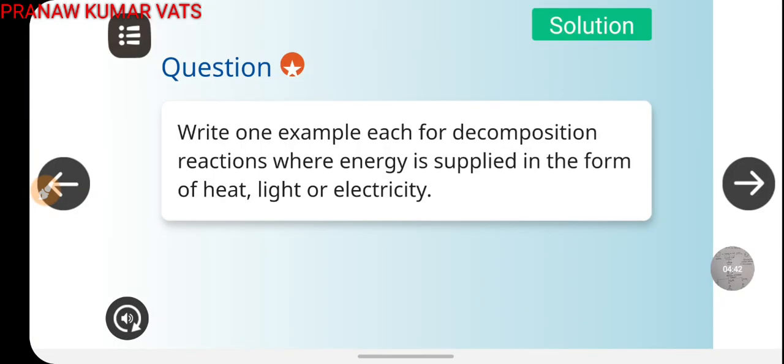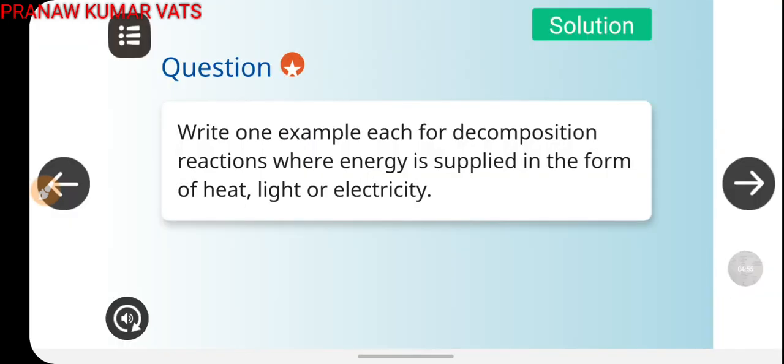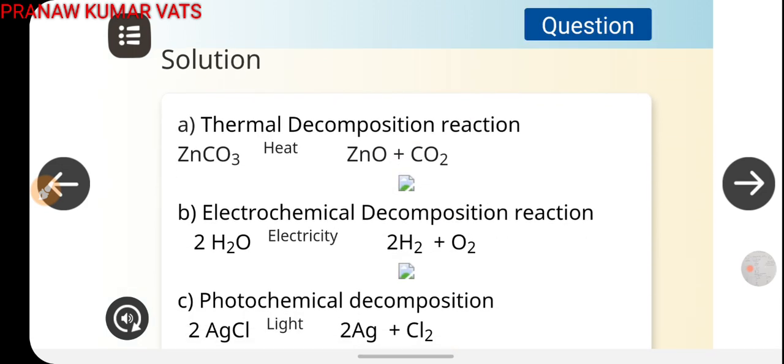Now next is, write one example each for decomposition reaction where energy is supplied in the form of heat, light or electricity. So the answer of this question is, thermal decomposition reaction: when zinc carbonate is heated, it gives ZnO plus CO2.